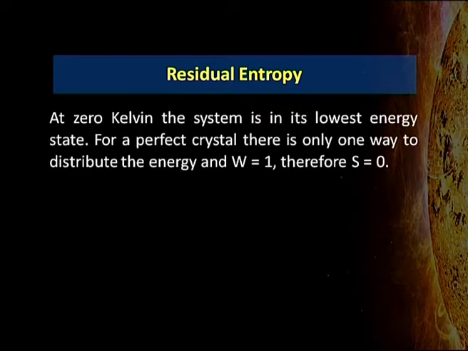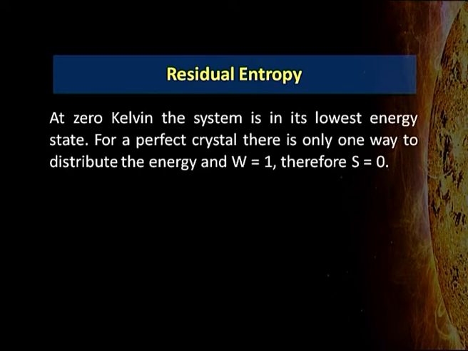This can occur if it has many different ground states with exactly the same zero point energy. It can also occur if the ground states have slightly different energies, but the system is prevented from finding and settling into the true lowest energy state. At 0 Kelvin, the system is in its lowest energy state. For a perfect crystal, there is only one way to distribute the energy and W is equal to 1.